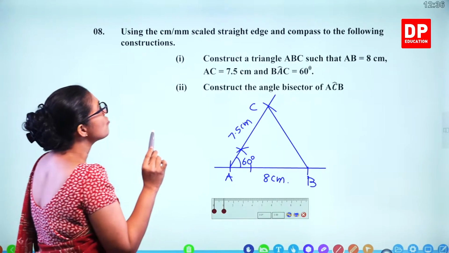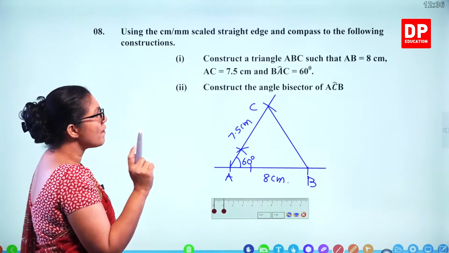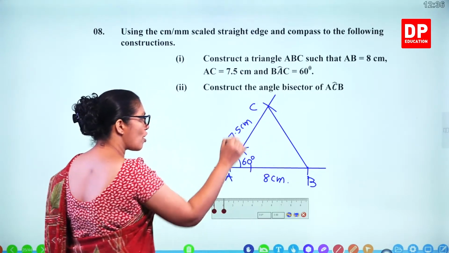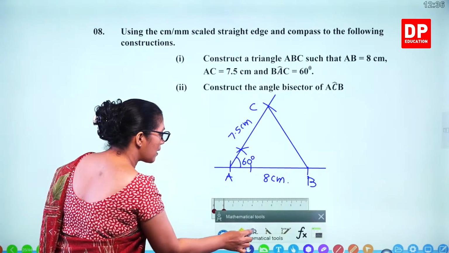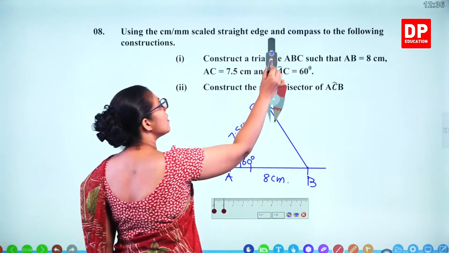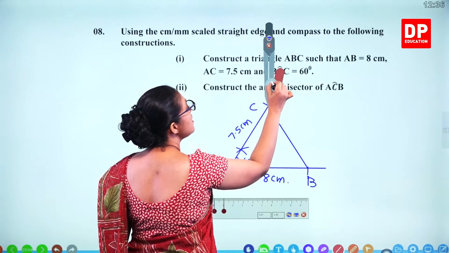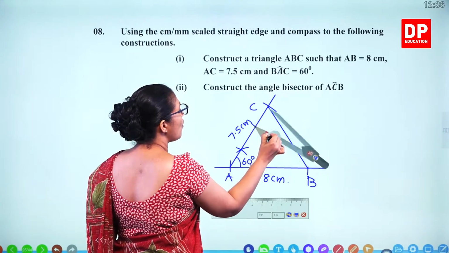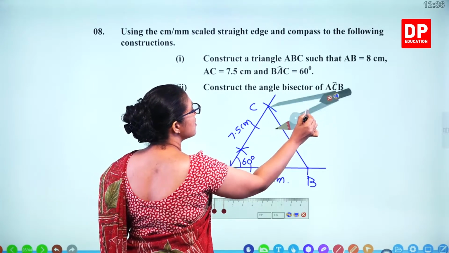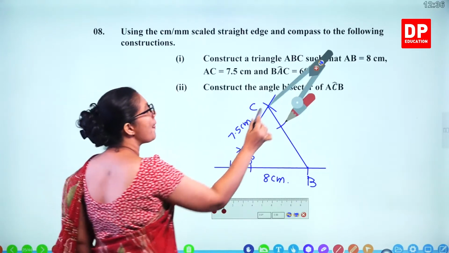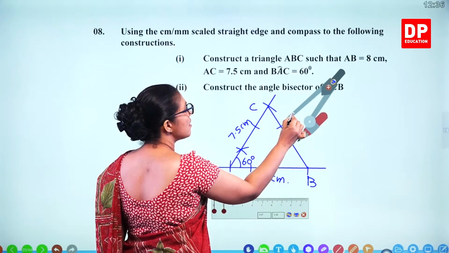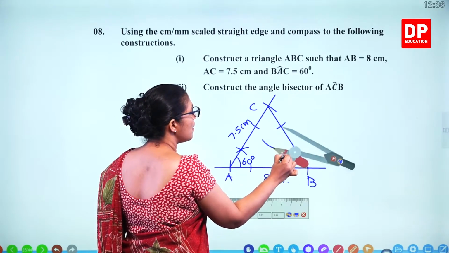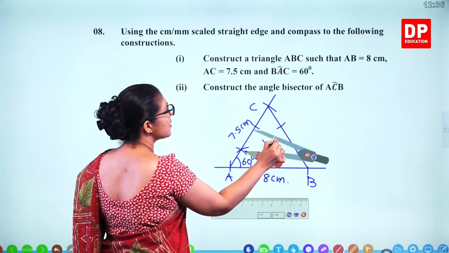Then construct the angle bisector of ACB. So we have to draw the angle bisector. Again we have to take the compass. So take any distance. You can draw 2 arcs here and then keep the compass on top of the marked arcs and find the intersecting point.